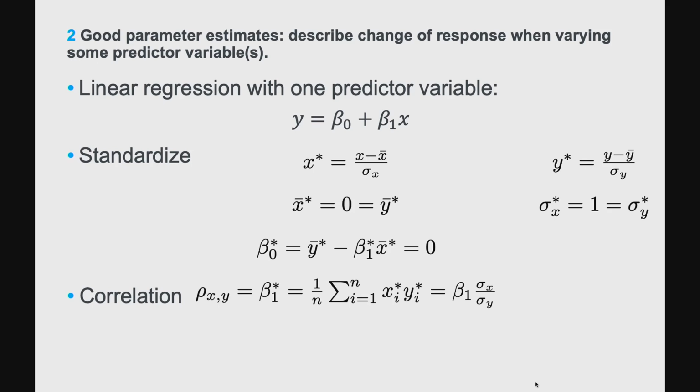So the correlation between x and y, I mean, here we have this one-dimensional case, is then simply the original parameter that we found modified by the 2 standard deviations.